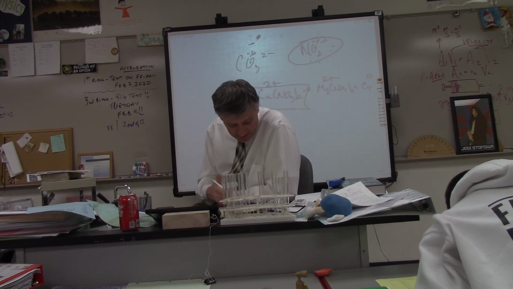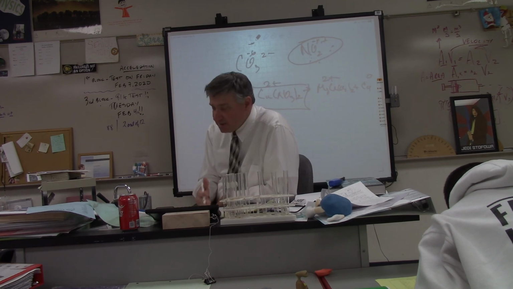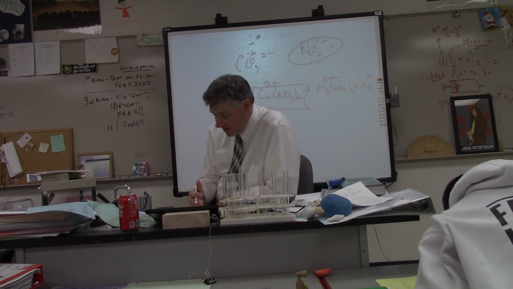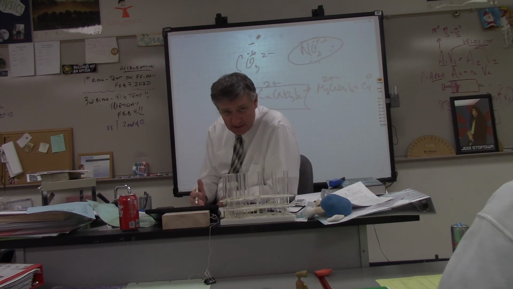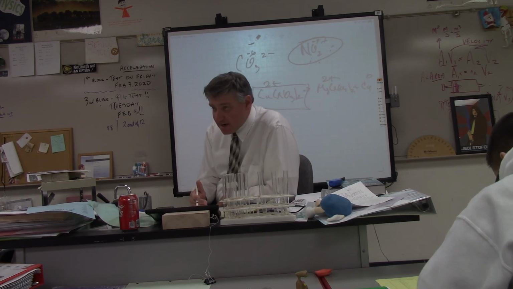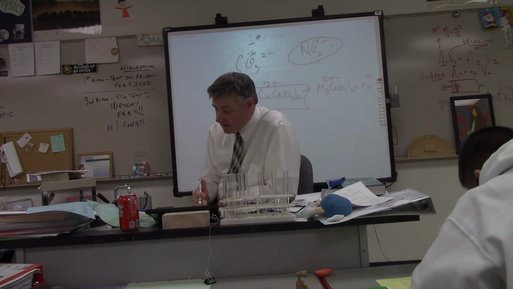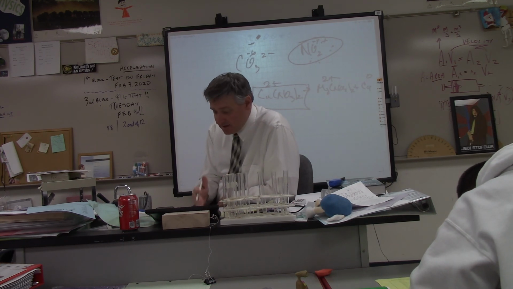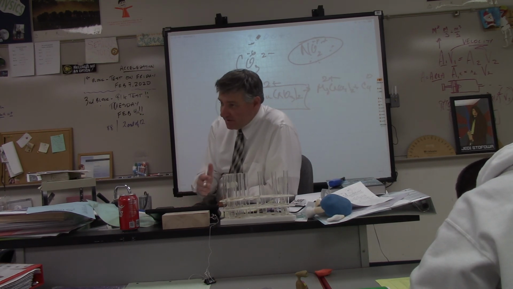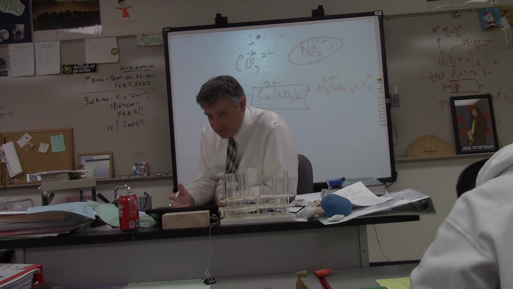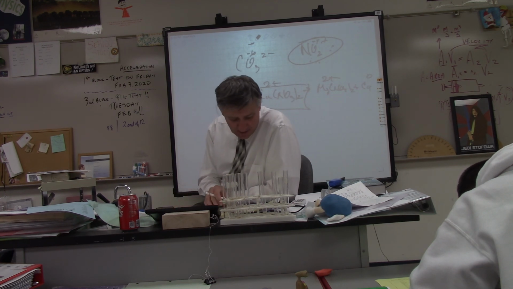Yes, on C you would get a precipitate of silver chloride, but that doesn't mean that it's a redox reaction, because the silver is still 1 plus and the chlorine is still 1 minus. So just because you have a reaction doesn't mean that it's a redox reaction. But if it's a redox reaction, it has to be a chemical reaction, if that makes sense.